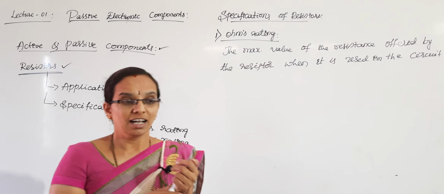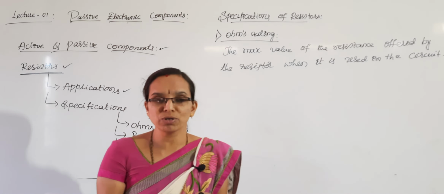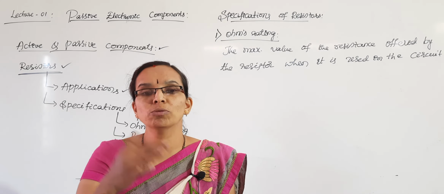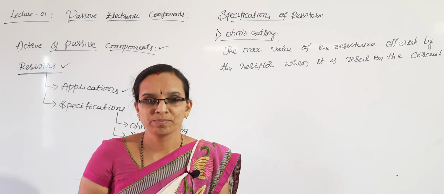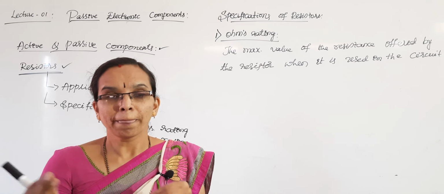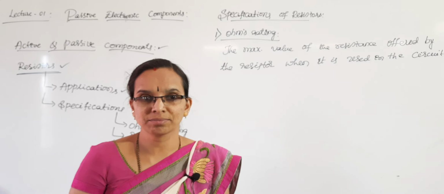They will ask how much resistance it can possess when it is used in the circuit. The maximum value, how much it can possess. That is called Ohm's rating, the maximum value of resistance offered by the resistor when it is used in the circuit.